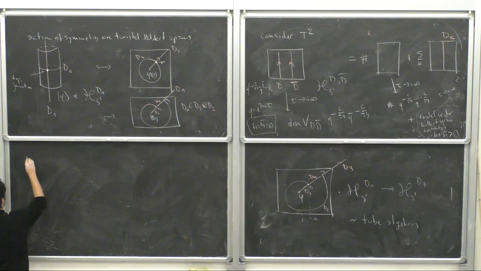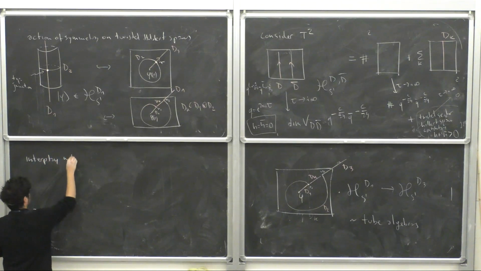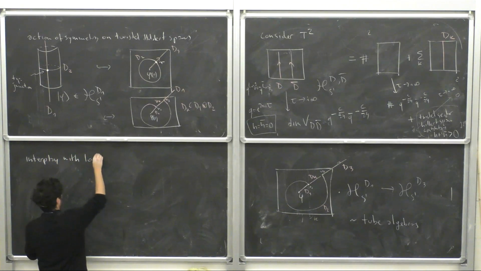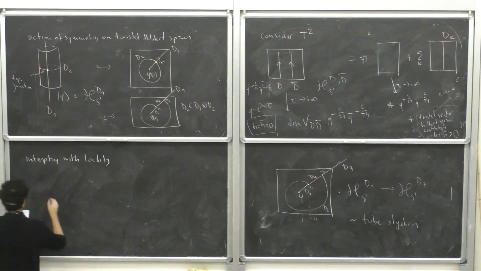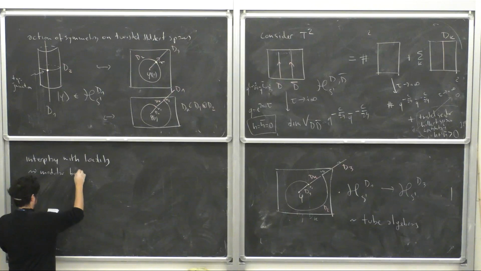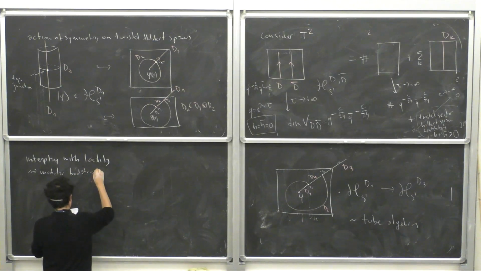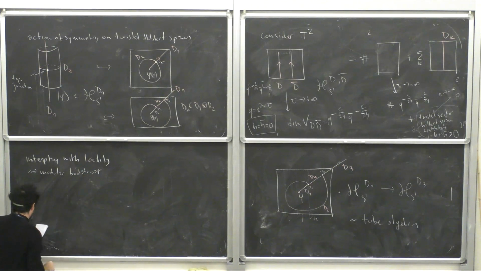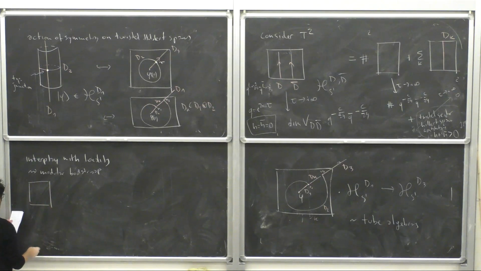So this gives rise to a way of essentially doing a modular bootstrap on the structure of the spectrum, no?